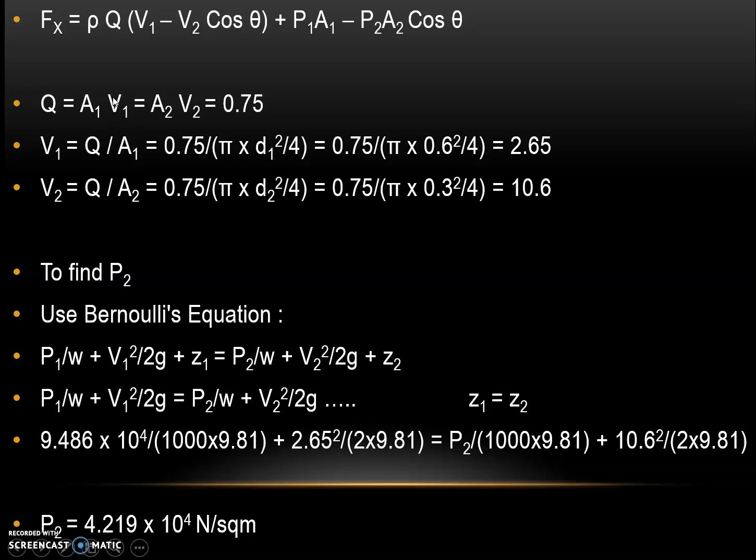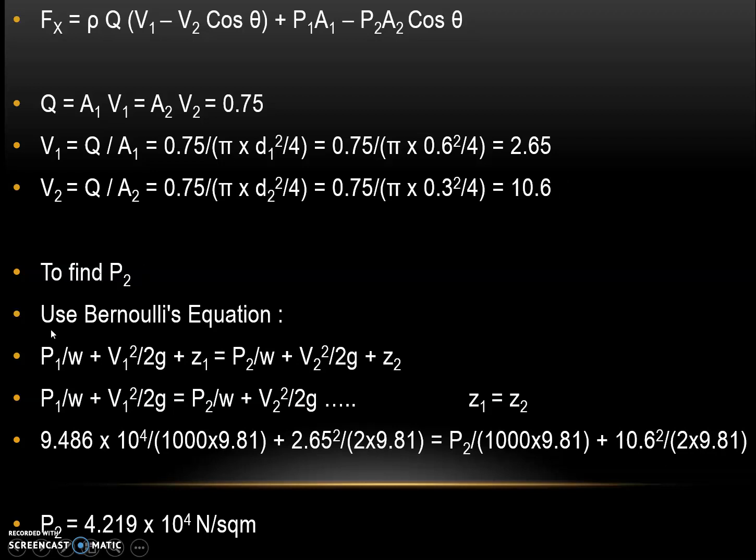So V1 is equal to Q, that is 0.75, divided by A1, that is pi by 4 D1 square, which gives us the value of V1 as 2.65. Similarly, we find V2 and its value is 10.6.